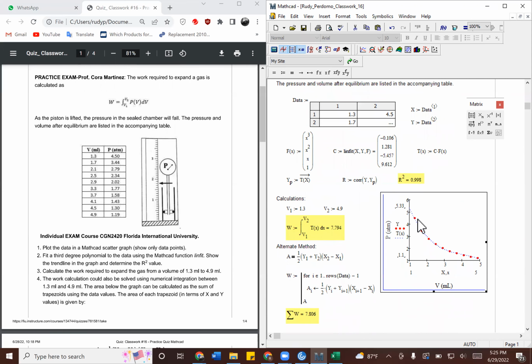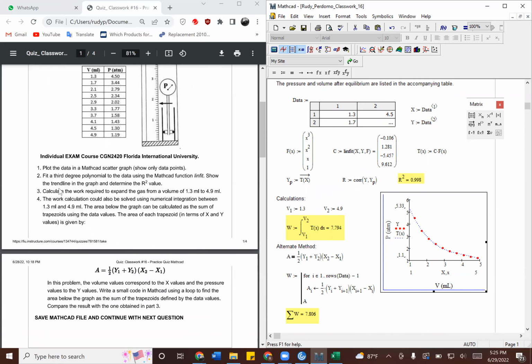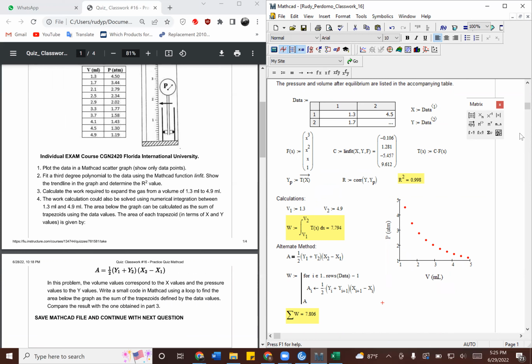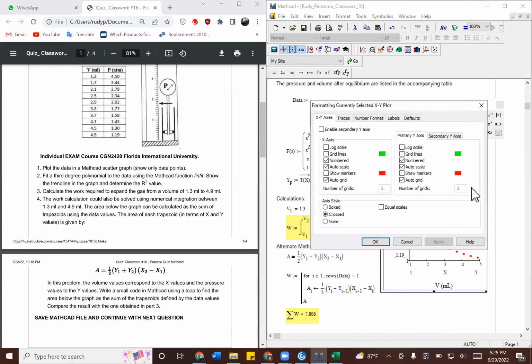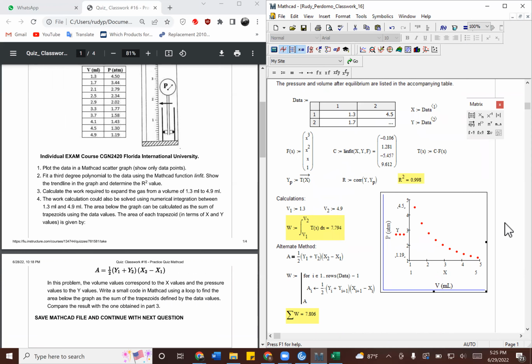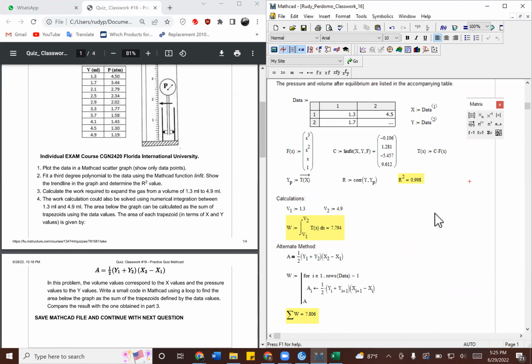If we were to plot it, first for number 1, we plot the data. Now we have our X's and our Y's. We plot X and Y here. Okay, now we have a scatter plot, and on the y-axis it's going to be Y. Let me just do it again.